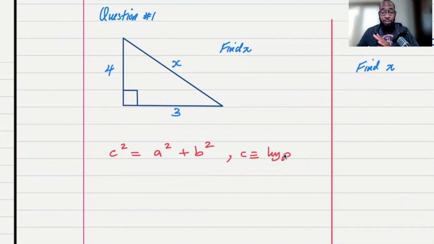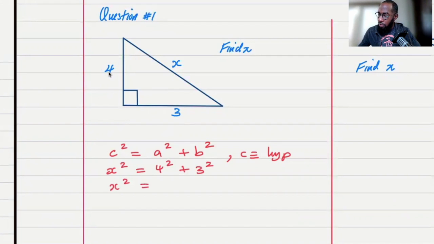Note, it's important to locate the hypotenuse first. So the hypotenuse in this case is x. So instead of c, I'm putting x. The other two sides, I can put 4 for a, I can put 3 for a, it doesn't matter. So I'll use 4, and b, I'll use 3.